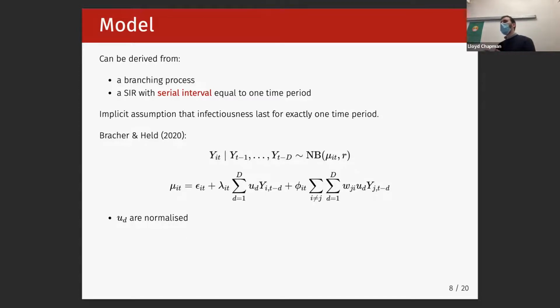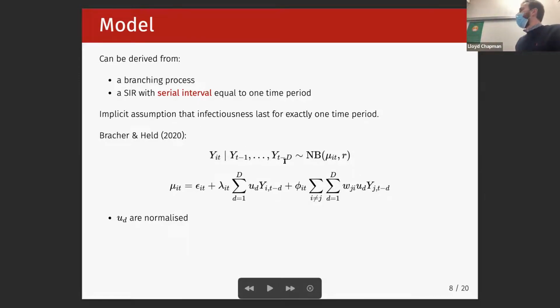So you have 2 possible options in this scenario. Either you aggregate the data, maybe to weekly, or whatever you think is a more realistic infectiousness period, or you can use a nice solution that Johannes and Leonard came up with in this paper in 2020, where you condition not only on the past time point, but on a series of D lags, and you weight those lags using some distributional parameter we infer from the data, and the distribution of those weights then will resemble the serial interval.